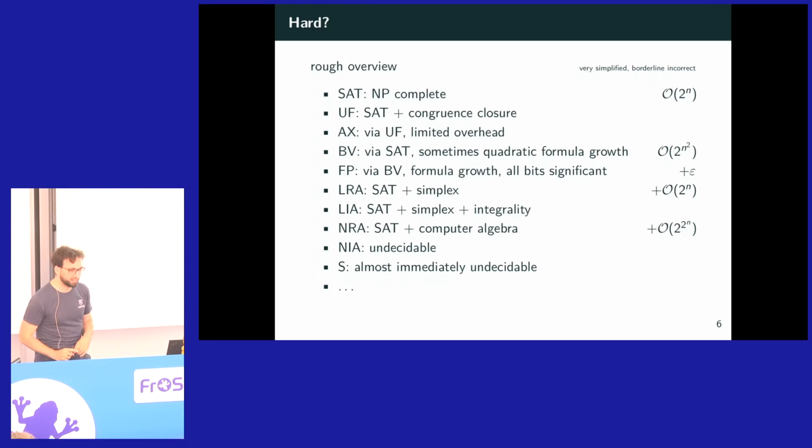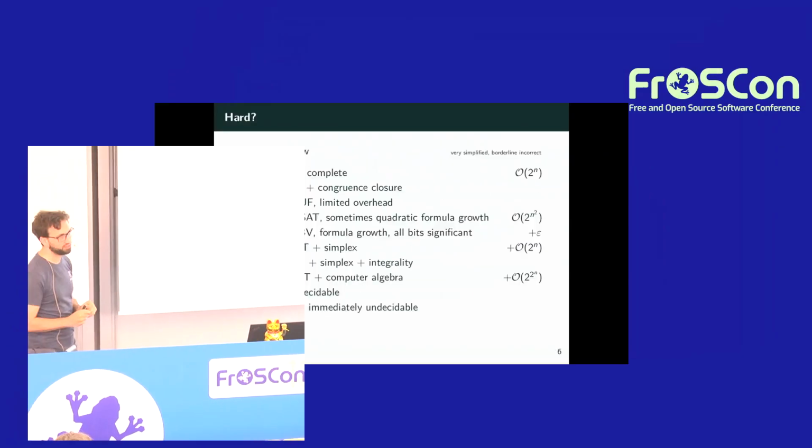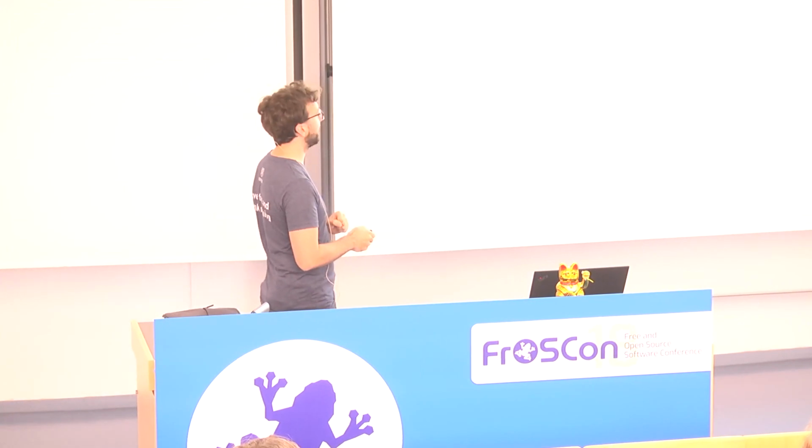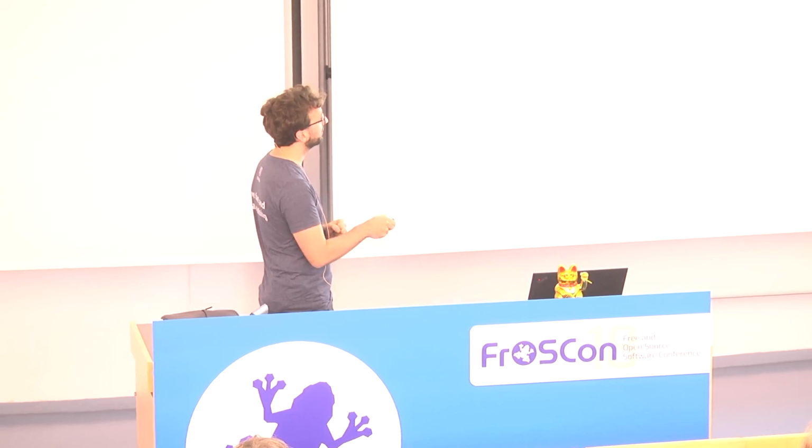And a multiplier for a 64-bit integer is horrific. So that can get pretty bad. And well, the formula typically, if you do arithmetic, grows quadratic in size, and that increases your n. So you're already at 2 to the n squared.